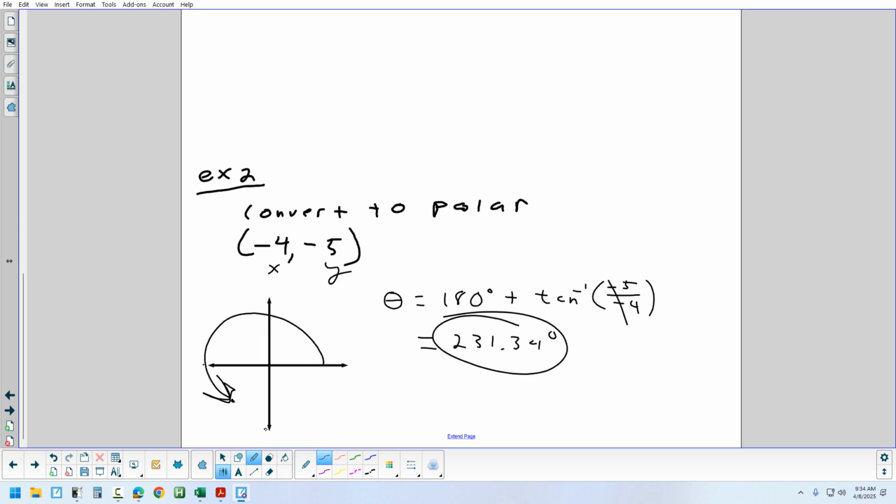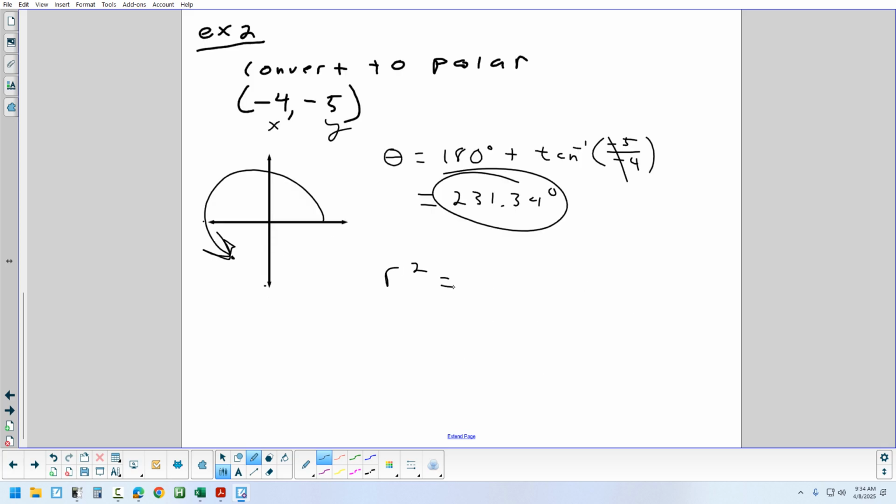And it is, 231. And what's going to be my formula to find my radius? I'm going to have r squared equals, yep. Negative 4 squared plus negative 5 squared. So r squared equals 16 plus 25. 16 plus 25 gives me how much? 41.